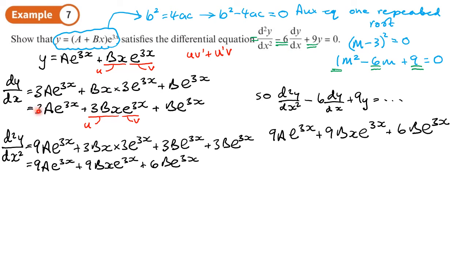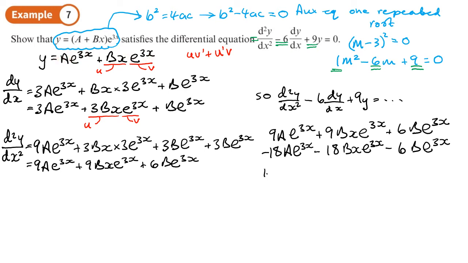So I'll have negative 18 and negative 6. Not sure what's happened to that b. And then underneath I'm going to have 9 lots of this.